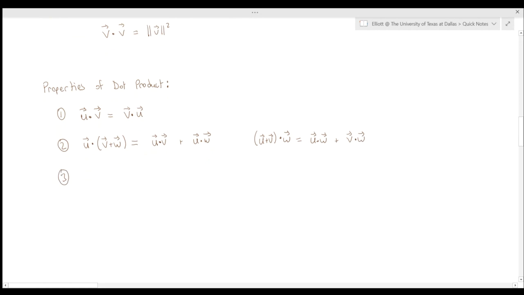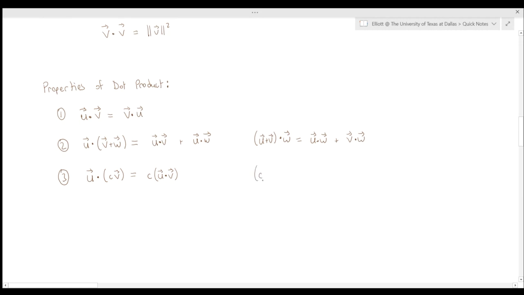And then I'll note one other property, which is that when scalar multiplication is involved, so let's say I'm doing u dot cv, the scalar, you can pull it out to the front and multiply it with the dot product.